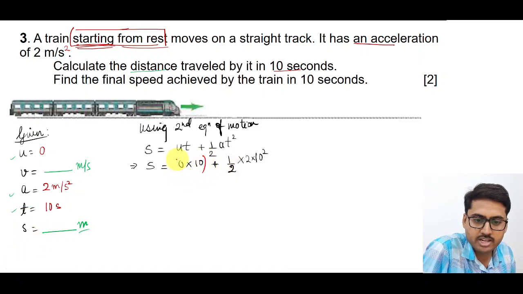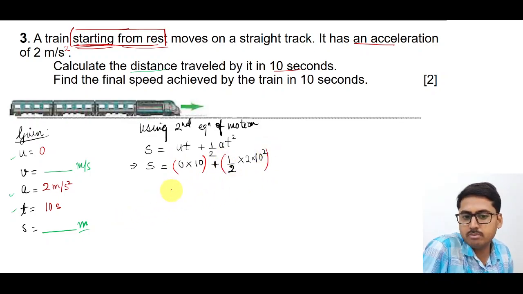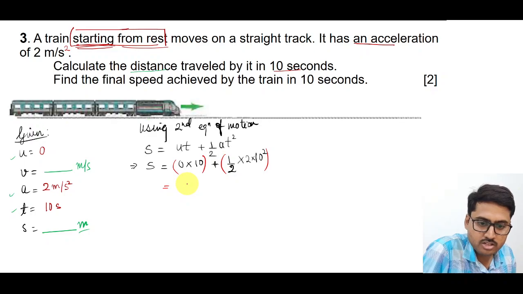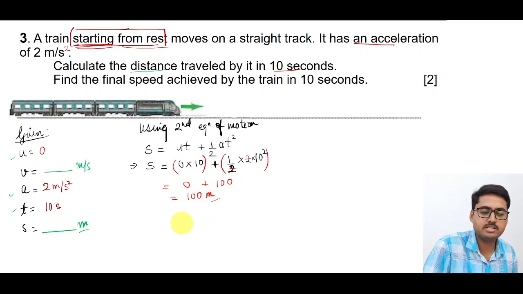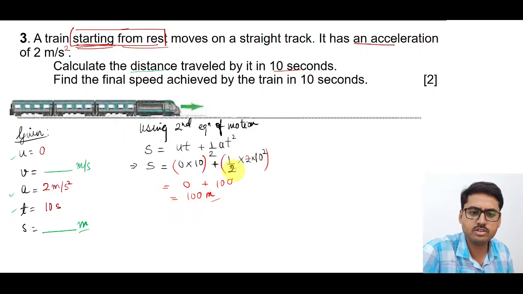You are in class 9, dear, please take care of the basic maths. You are not supposed to make such silly mistakes in class 9. This is 0, 10 into 0 is 0, and then half into 2, this 2 and 2 can be cancelled out, and 10 square is 100. This means that the train covers basically 100 meters in 10 seconds. Okay, that's the answer of this first part.